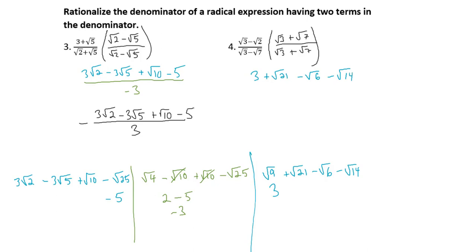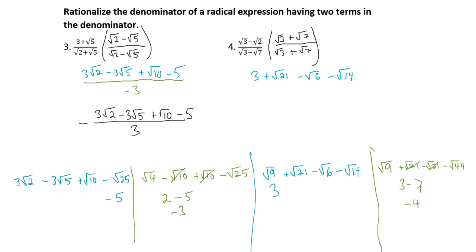All right, let's do the bottom now. Square root of 3 times square root of 3 is square root of 9. And then we get square root of 21. The middle 2 terms give us negative square root of 21, and the last 2 terms give us negative square root of 49. As you see, the middle terms cancel, and we get 3 minus 7, which is negative 4.